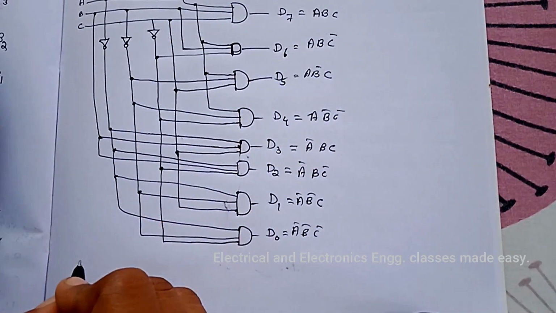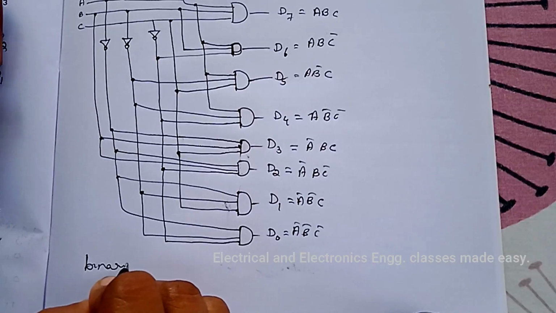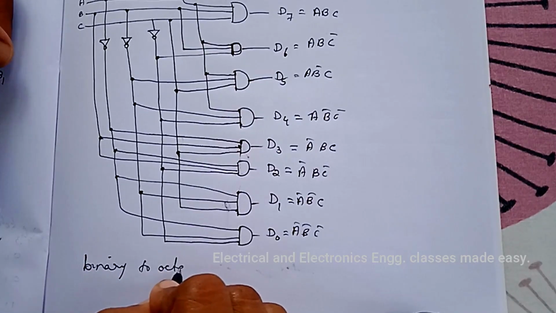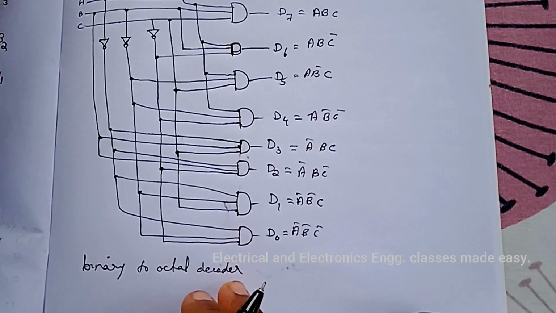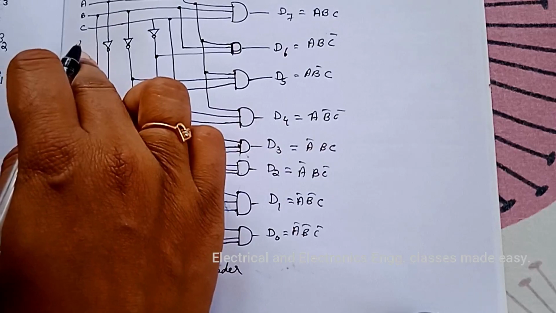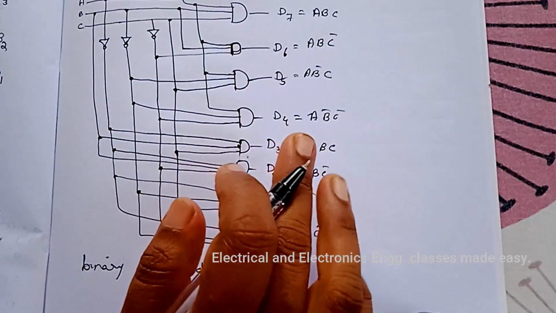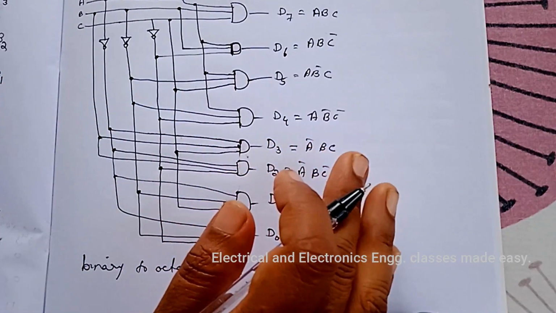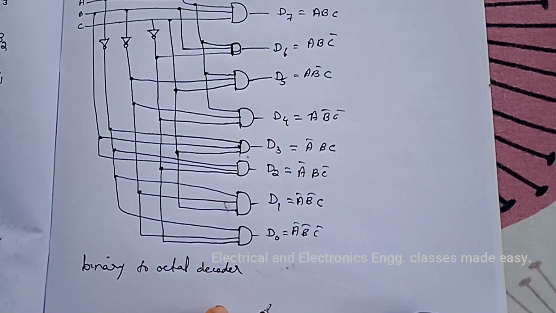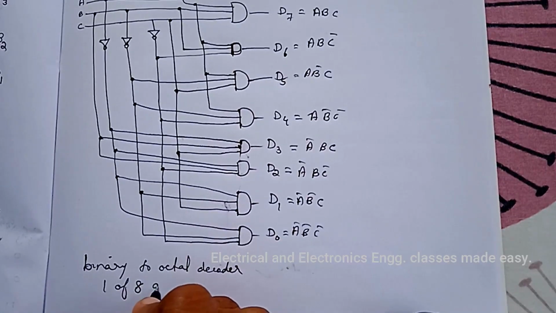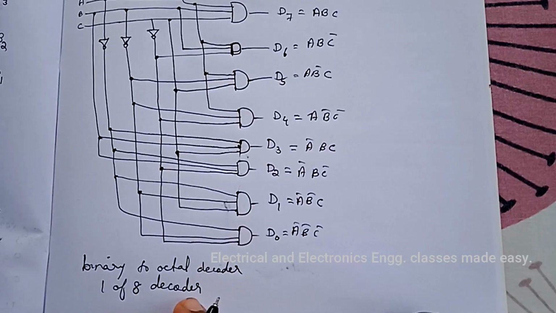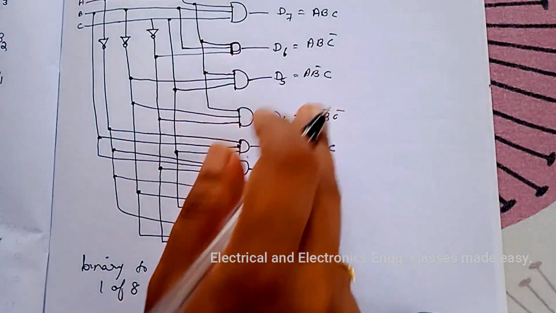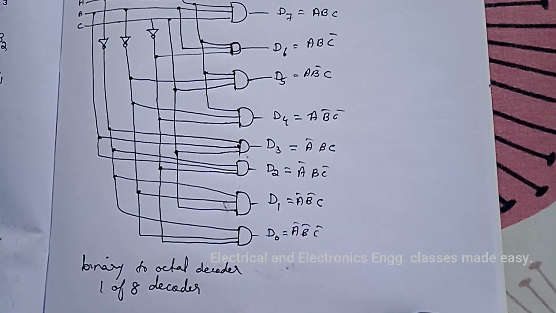It is also called a binary to octal decoder, because it takes a 3-bit binary input code and activates only one of the 8 outputs corresponding to that code. And it is also called a 1 of 8 decoder, because only one of the 8 outputs is activated at one time.